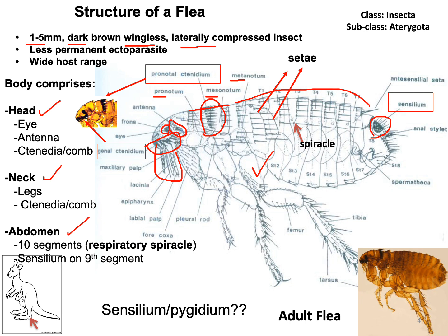It helps the flea to detect air movement, vibration, the temperature of the host, the temperature of the environment, and the odor of carbon dioxide and urine. It also has some role during copulation, and that's all.